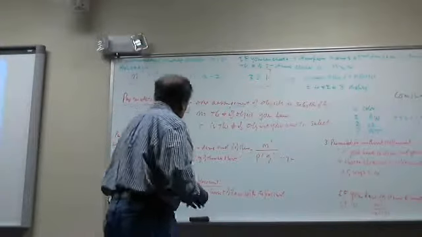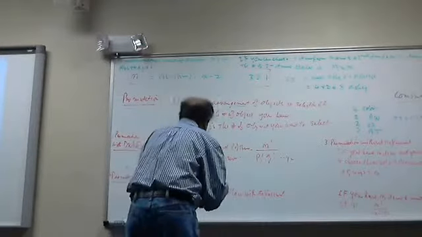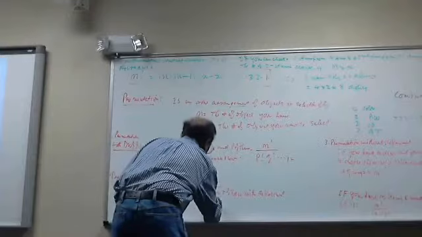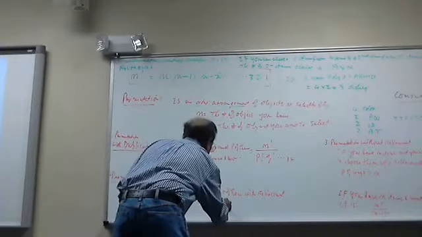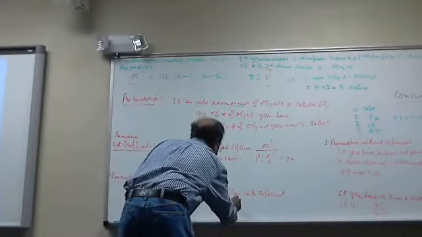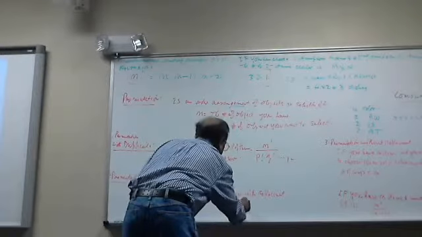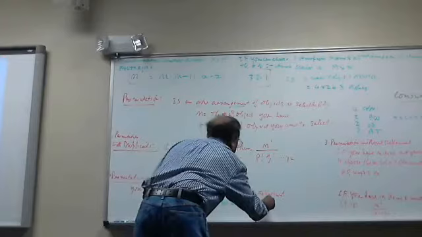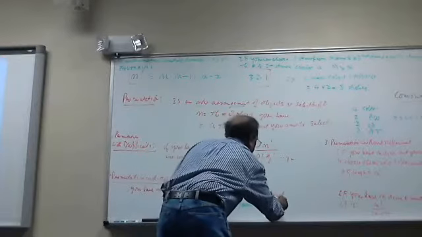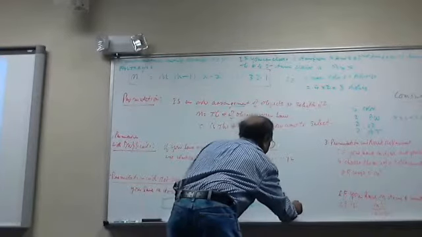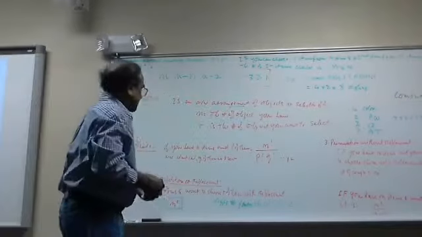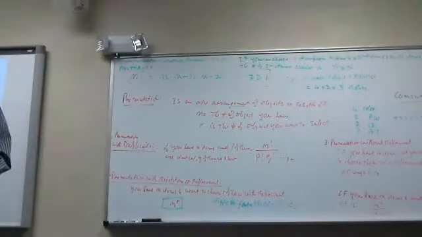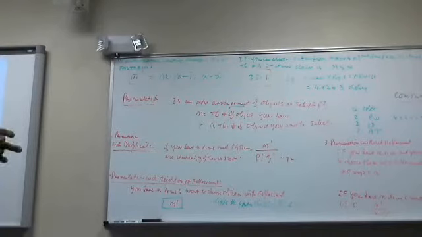All right, you want to choose a two-digit number from the set of natural numbers less than 5. Now, this is a problem for you to solve.